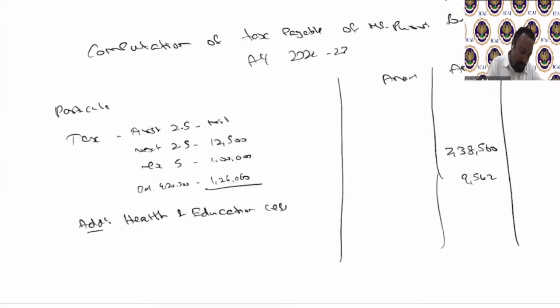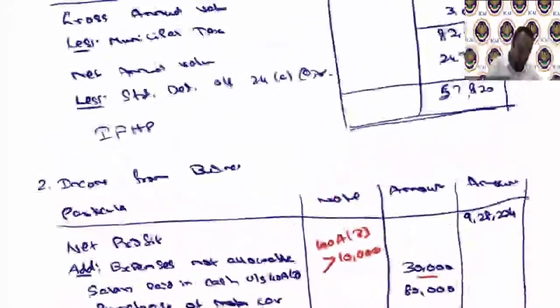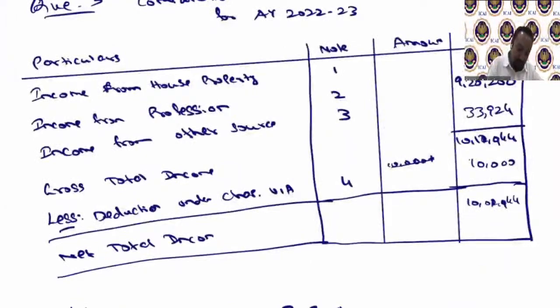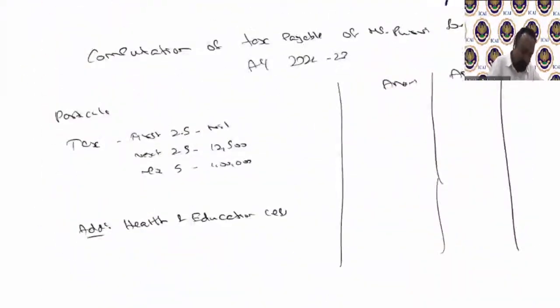Oh, sorry, I'm calculating for business profits. Extremely sorry. So the actual balance income is how much here, right? It is 10,01,944.